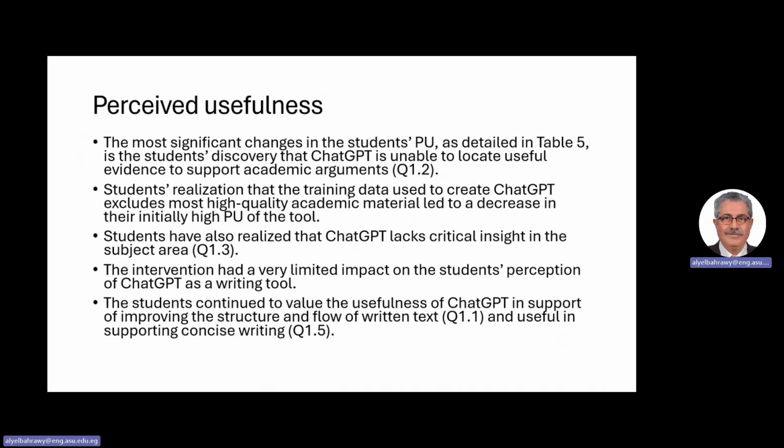Students have also realized that ChatGPT lacks critical insight in the subject area. The intervention had a very limited impact on student perception of ChatGPT as a writing tool. Students continued to value the usefulness of ChatGPT in improving the structure and flow of written text, and in supporting concise writing.